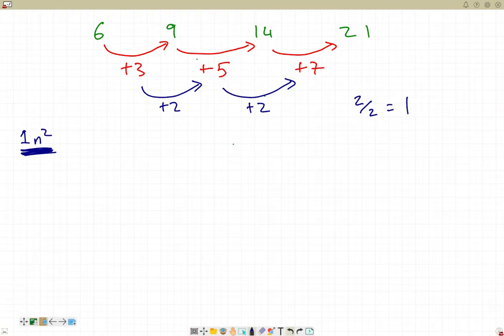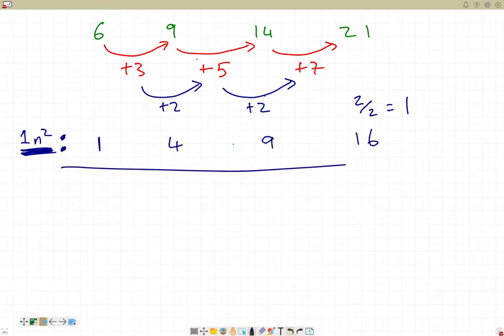The sequence for 1n squared will just be the square numbers: 1, 4, 9, 16. I take away from the original sequence. 6 take away 1 is 5. 9 take away 4 is 5. 14 take away 9 is 5. 21 take away 16 is 5.